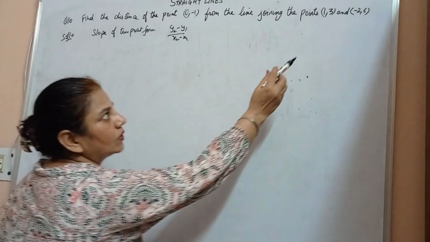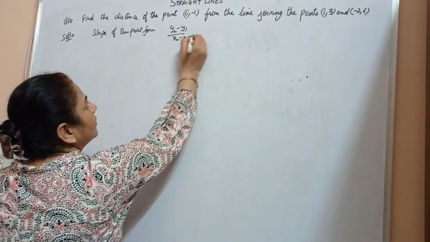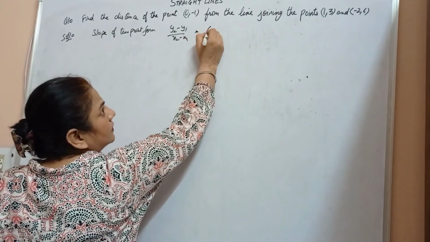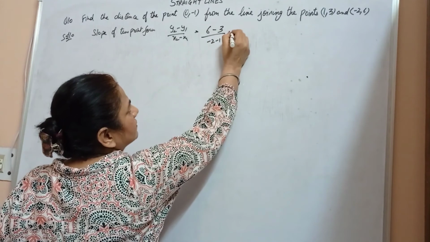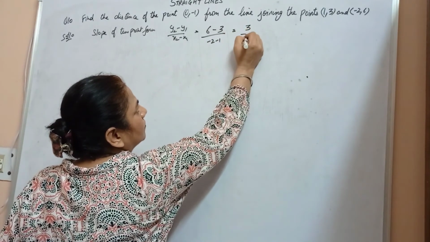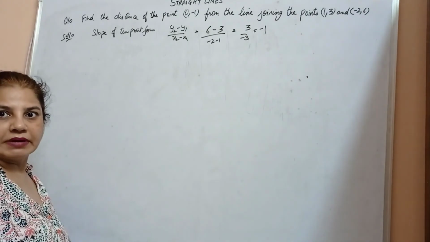So the points are given to us as 1, 3 and minus 2, 6. So here we have y2 minus y1 upon x2 minus x1, which is equal to 3 upon minus 3, which is minus 1. The slope is minus 1.